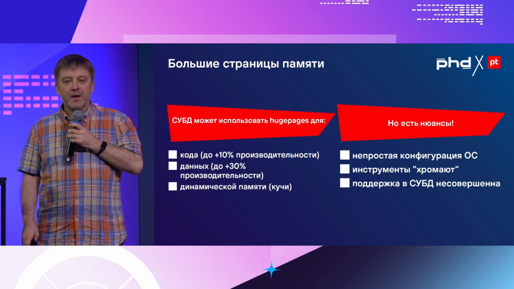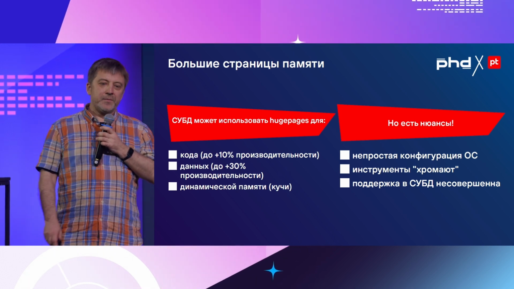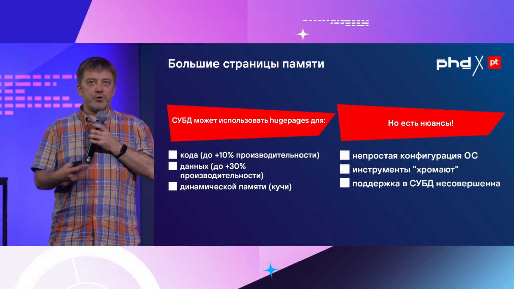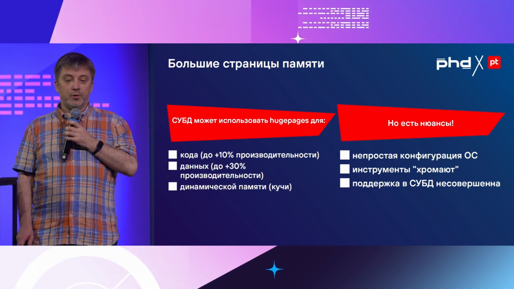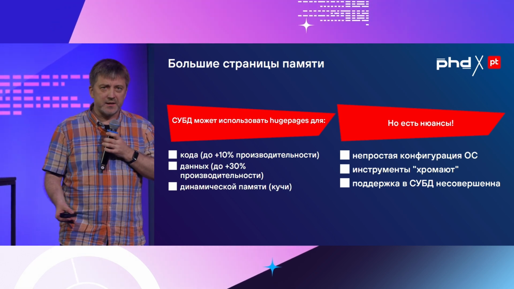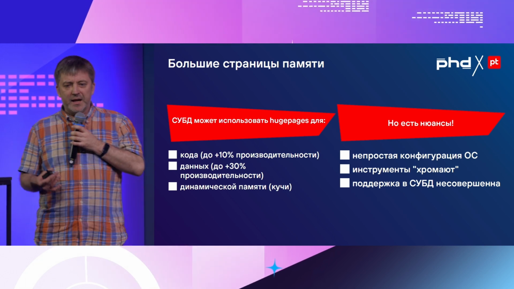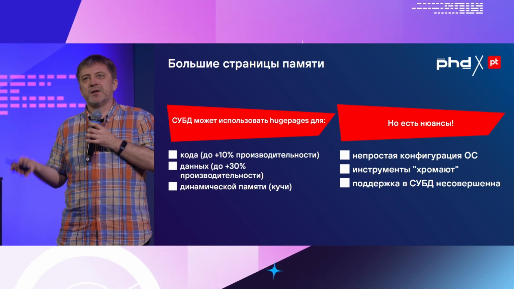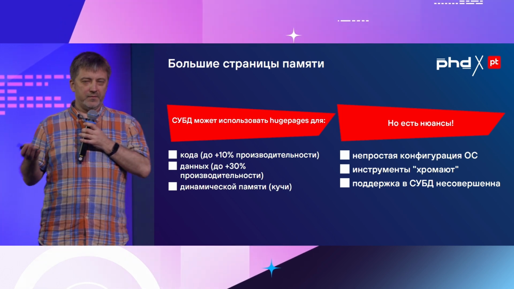If you have 30% improvement across your server fleet, that would be a reason for publication. But in reality, these numbers are rarely achieved, and the reason for that is the configuration of the operating system, so that you have to reserve these huge pages beforehand, and this is hard to do.